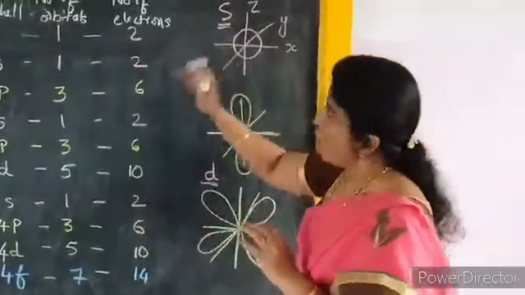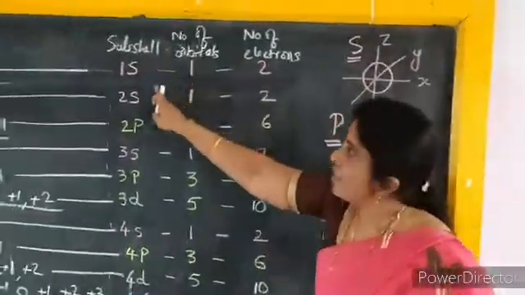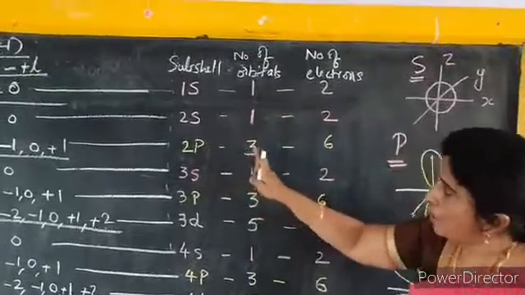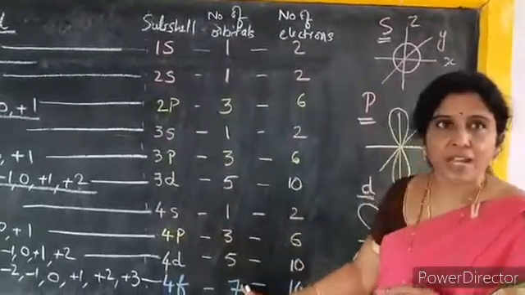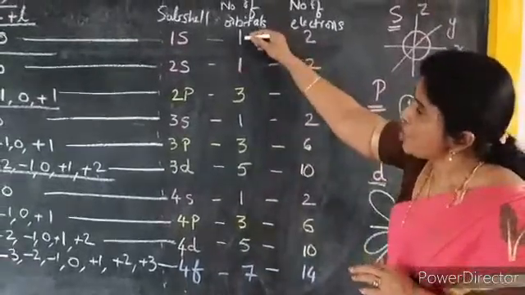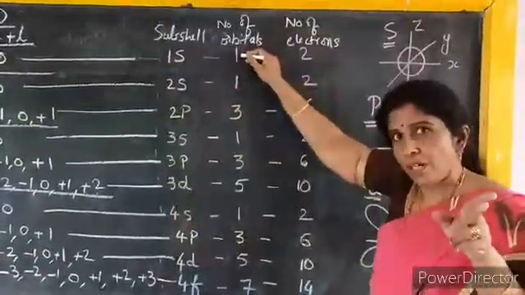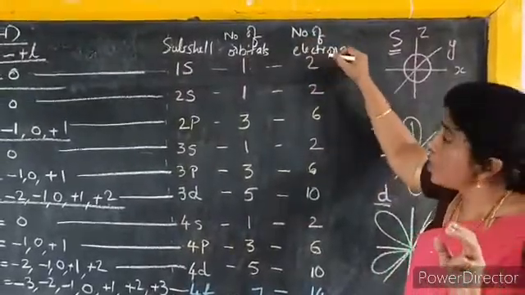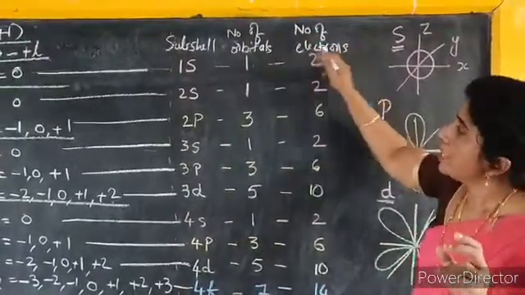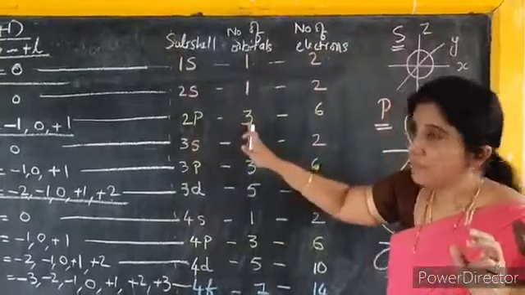Now each orbital, see in 1s you have 1 orbital, in p you have 3, in D you are having 5, in F you are having 7. So each orbital can accommodate only 2 electrons. So in 1s total how many electrons are present? Total 2 electrons are present. And in P you have 3 orbitals.